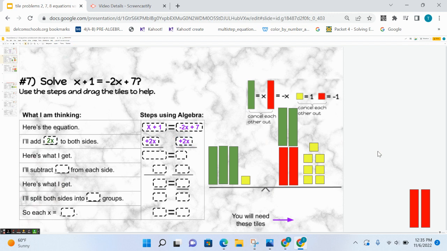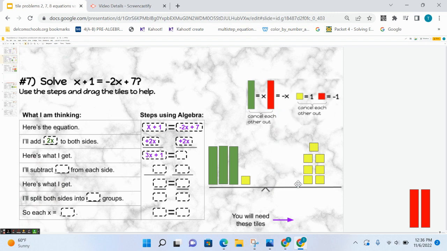You're going to have number 3 on your paper. It's going to say, here's what I get. Well, on the left, it's already simplified. The left side is 3x plus 1. On the right side, let's go ahead and take out those 2 positive rectangles with the 2 negative rectangles.